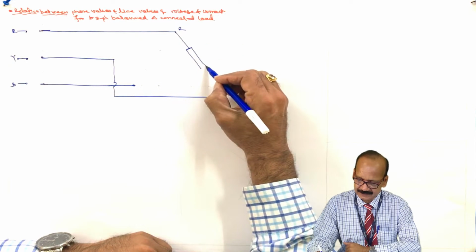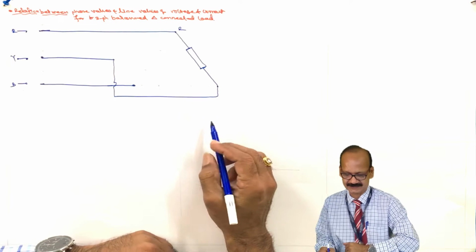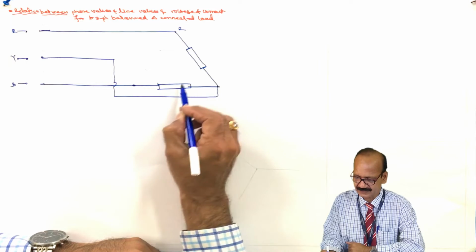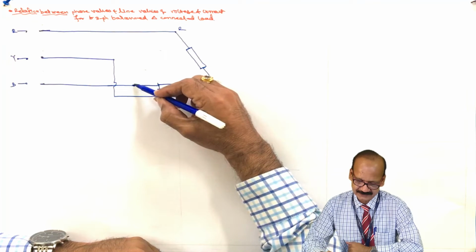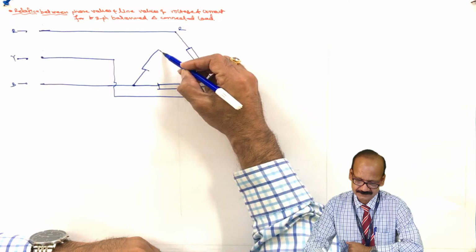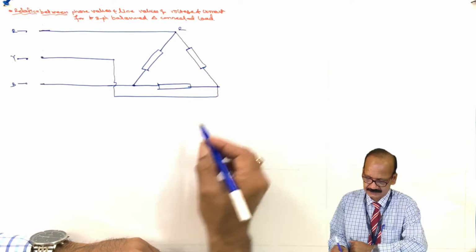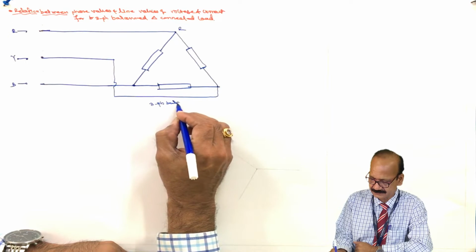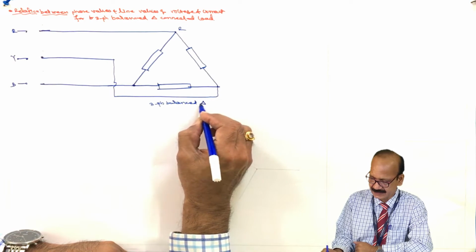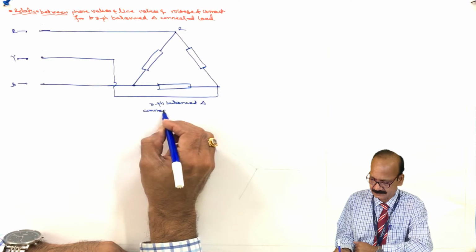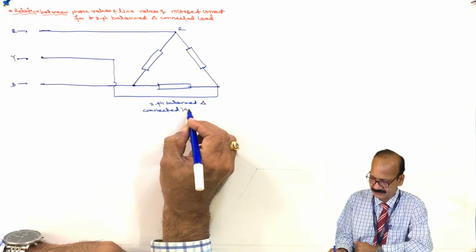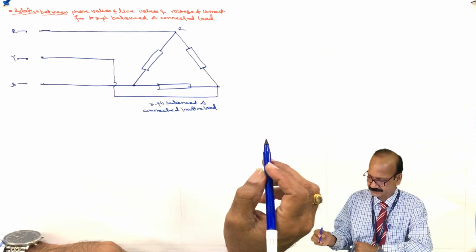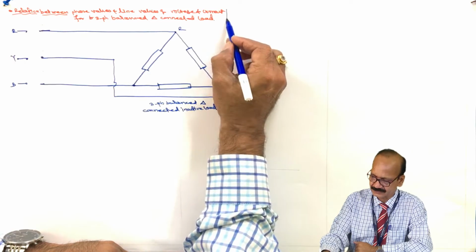Now draw the load impedances. This is for R phase, this is for Y phase, and this is for B phase. So this is a three-phase balanced delta connected inductive load.